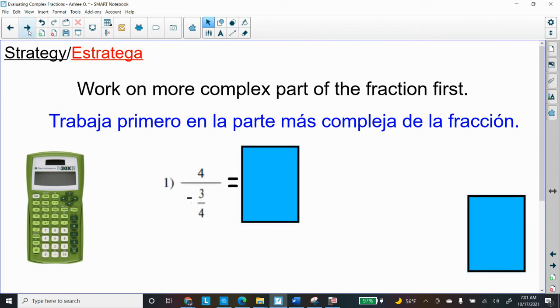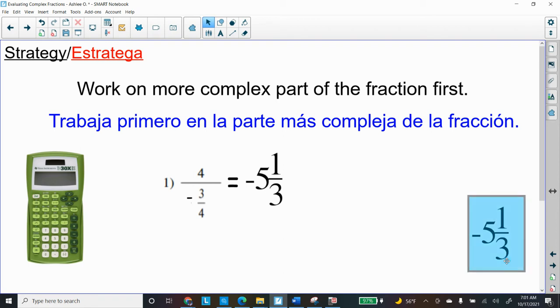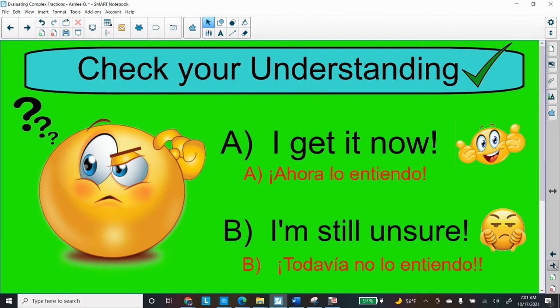So the strategy, again, work on the more complicated part first. So that way we get our answer, negative 5 1/3. I hope you understand what's going on with these complicated fractions, because they're really not that bad. So if you're not sure, rewatch the video again, write down your questions and bring them to the class, and I'll be glad to answer them.